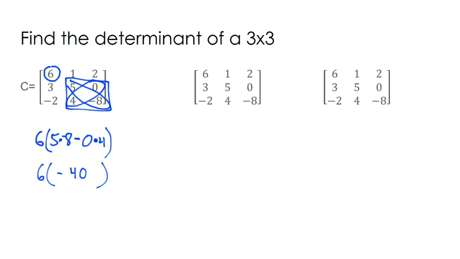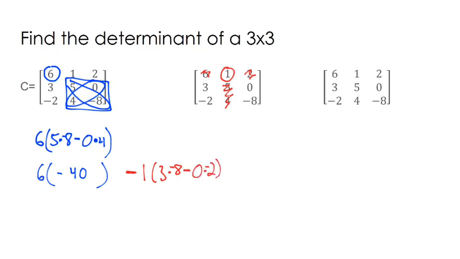But then we're going to move over here, and we're going to subtract this. I'm going to take my 1. So I start with the 6, then I'm moving to the right to the 1, and I'm going to find the determinant of the numbers that are left. I'm going to use those like they're a little square matrix. So I'm going to do minus 1 times 3 times negative 8 minus 0 times negative 2.